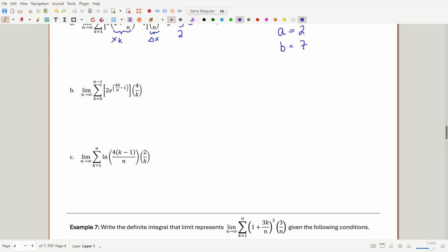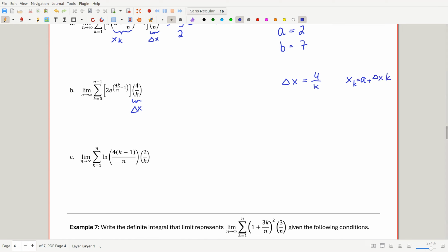So we need our delta x. Got that. We need our a, so we need our x sub k. Remember that x sub k is of this form, a plus delta x k.